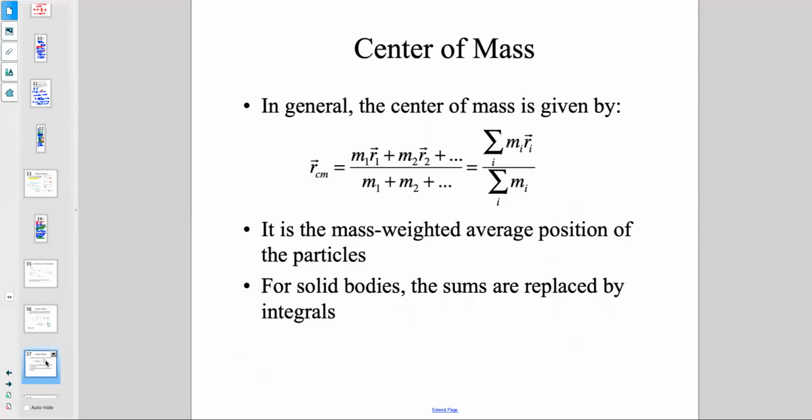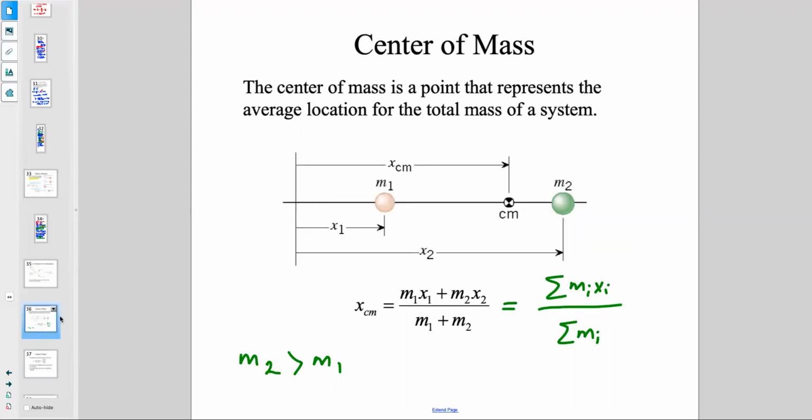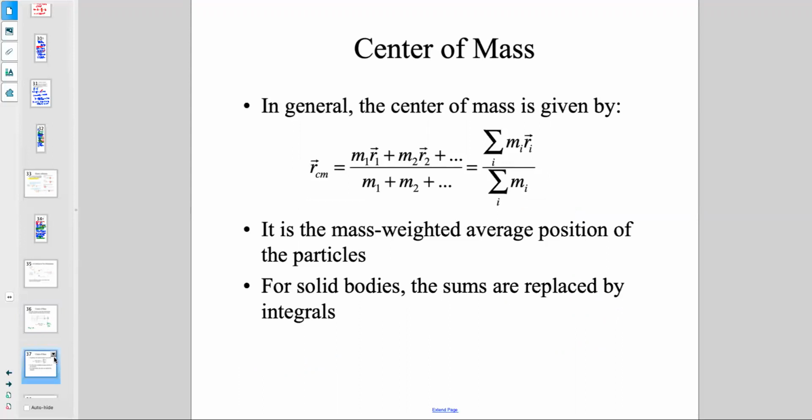All right. Now, in general, they shouldn't be located only in the x direction. They could have a value of x and y. In other words, they could have an r value. So m1r1, m2r2, m3r3, and so on, and the total of masses will be in the denominator.